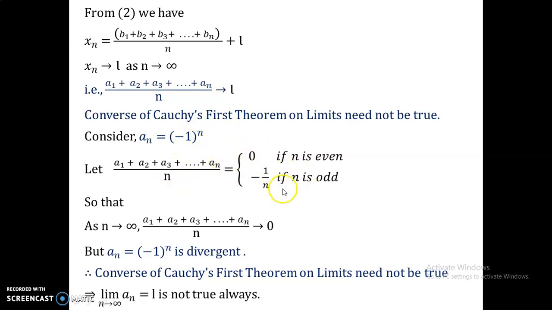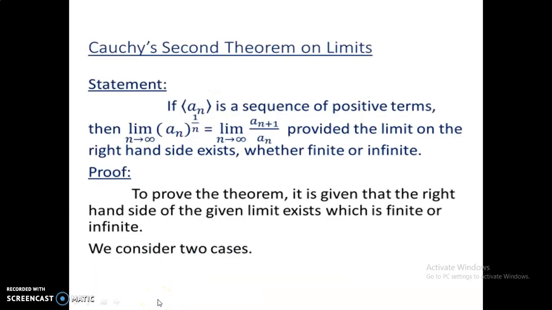And if it is odd, then it is minus 1 by n there, so as n approaches infinity this becomes 0. But this is divergent, so that's why the converse of Cauchy's first theorem on limits need not be true. Therefore the limit of an as n approaches infinity being L is not always true.